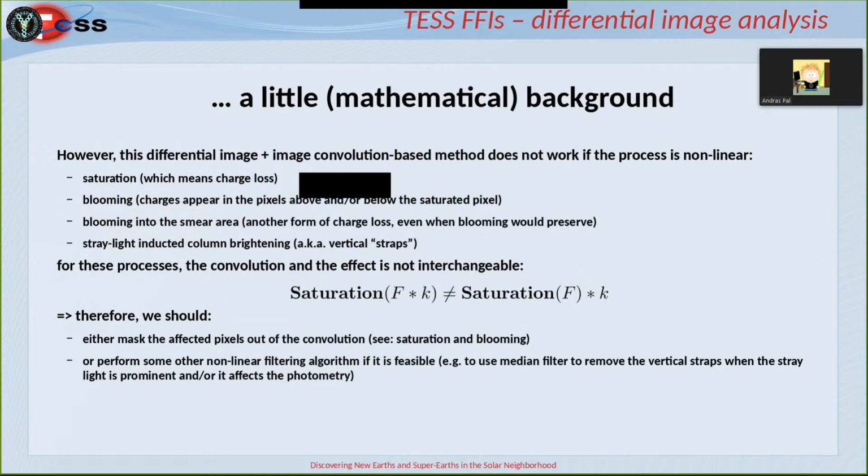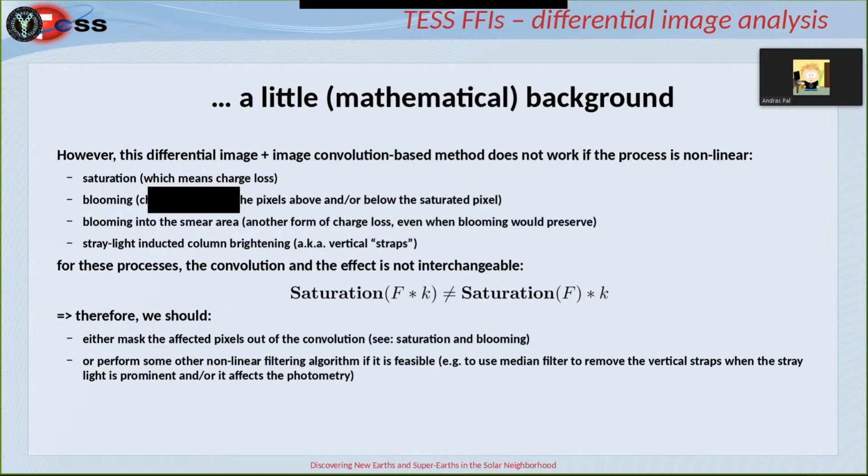So saturation and blooming, these two are related, of course, because if we have a saturated star, which means that the ADCs, the analog digital converters in the CCDs could reach their maximum.